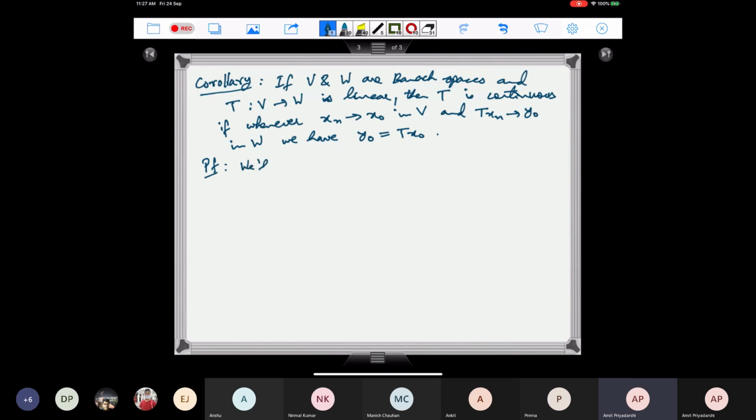So we will show that the graph of T is closed, and then the result follows by the closed graph theorem.